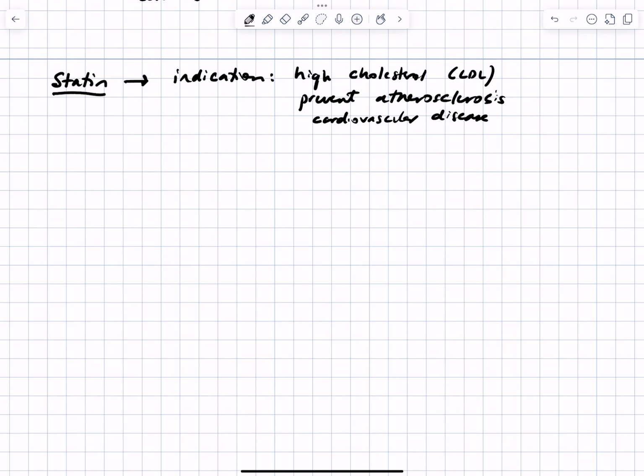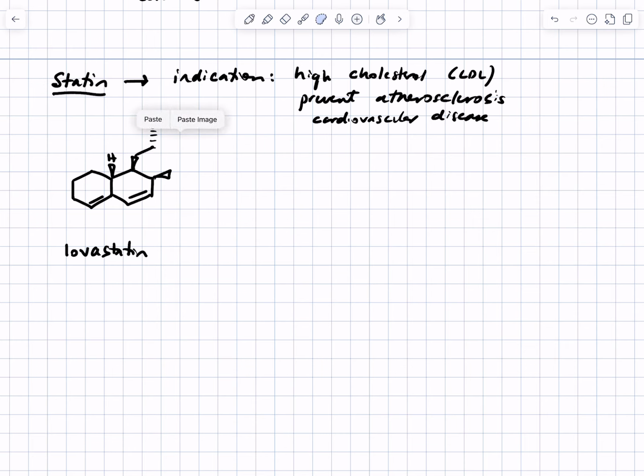The first statin that was discovered was called lovastatin. It's actually a natural product. It's made from a soil mold fungus, and it's also naturally found in red yeast rice. It's got 2 6-membered rings, double bonds there, hydrogen there, methyl group there, a weird kind of side chain here that has a stereocenter, and I'm already running out of space.